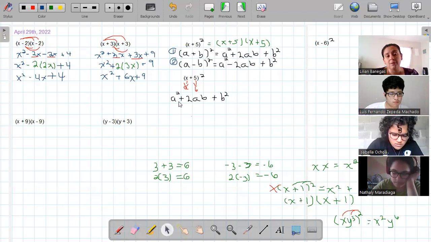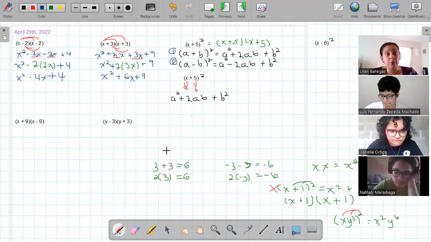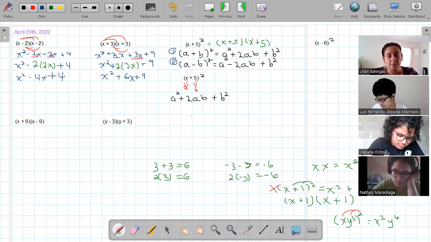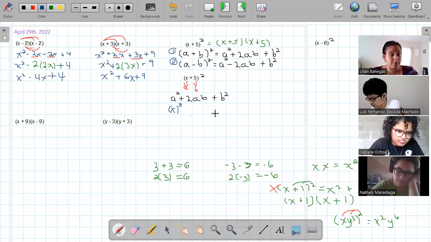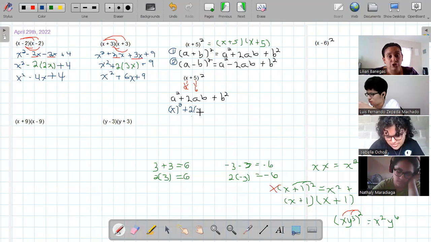Since I have already my formula, all I need to do is to substitute. So that's what I'm going to do. I'm going to substitute A to the square. So instead of A, I'm placing X to the square. I'm always going to place my terms in between the parentheses. Plus the 2 of the formula times A, which is X, times B. And how much is B? 5.